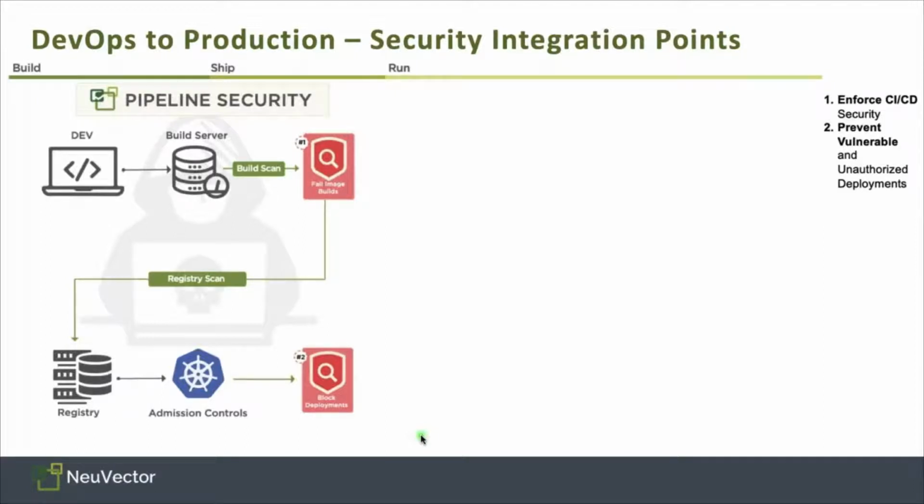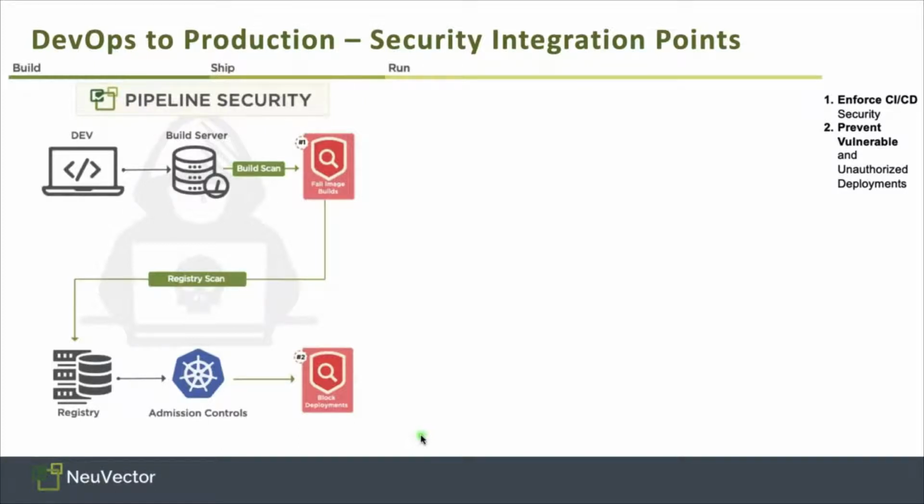So this is when the dev team is building the image, and if needed, you can fail that image build if it has too many vulnerabilities or it doesn't meet your compliance standards. And that should be kicked back automatically to the dev team with the right type of alerts and remediation advice so that they can fix those before they even progress down the pipeline.